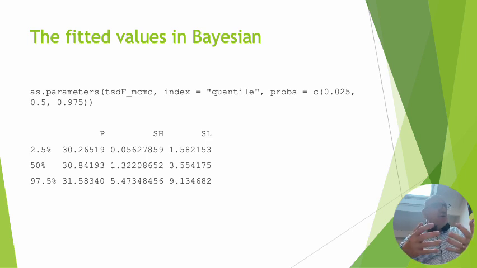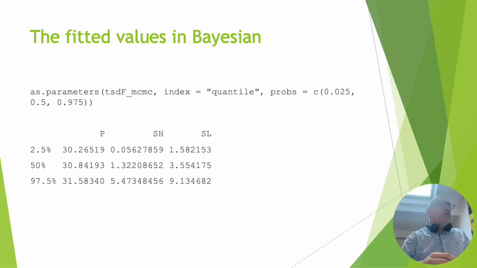Now that we have run the model, we can ask what is the best estimation of P, SH, and SL. Here I ask what are the 99% of possible values that P, SH, SL can take. You see that P is relatively well known.